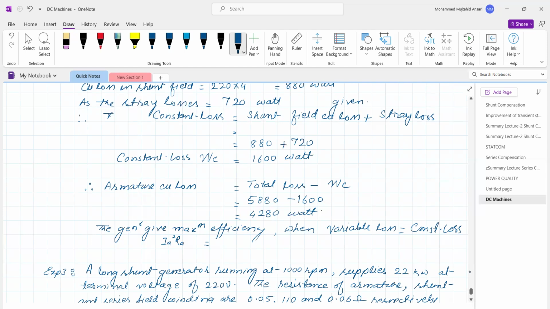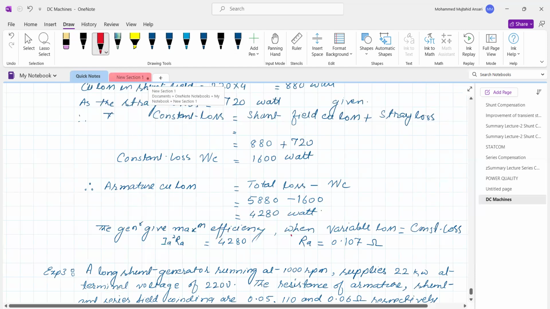It will give the maximum efficiency, isn't it? So armature copper loss is 4280, and hence armature resistance Ra equals 0.107 ohm. This is the one parameter we have found.